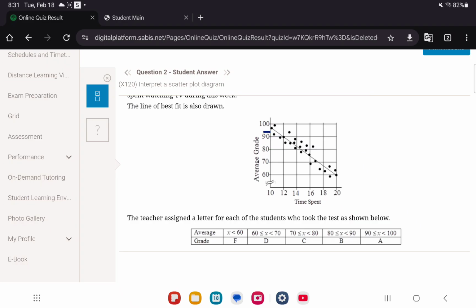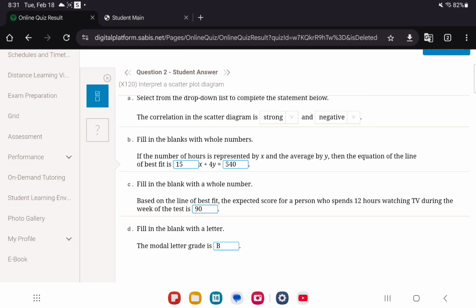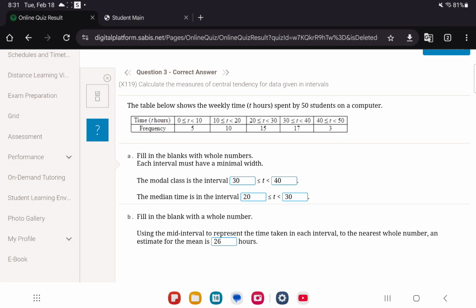This area is from 80 to 90. So we look at our table here, we go for 80 to 90, and the letter is B. So you just put in B. It's that simple.